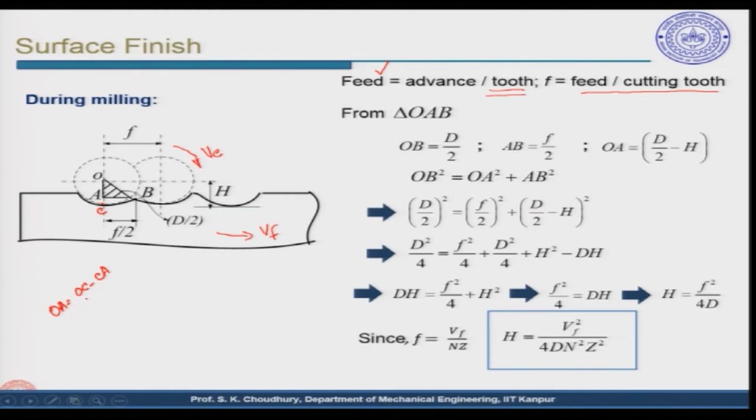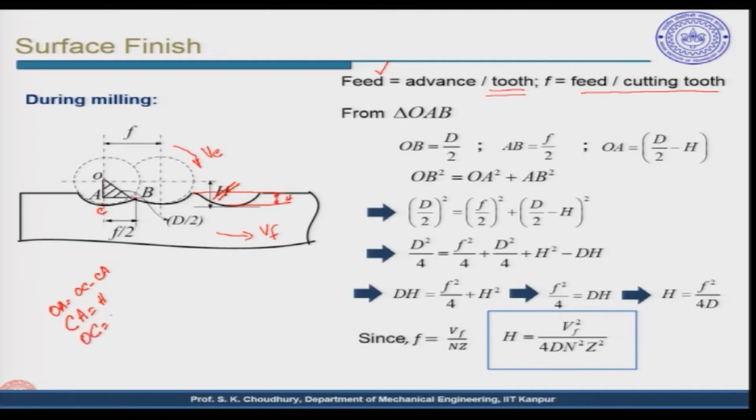Now, OC, this is wrongly shown as H, I am sorry, please correct it. H is actually from peak to valley, as I said. So, from here to here is the value of H. The value of H will be AC, or CA, this is H.